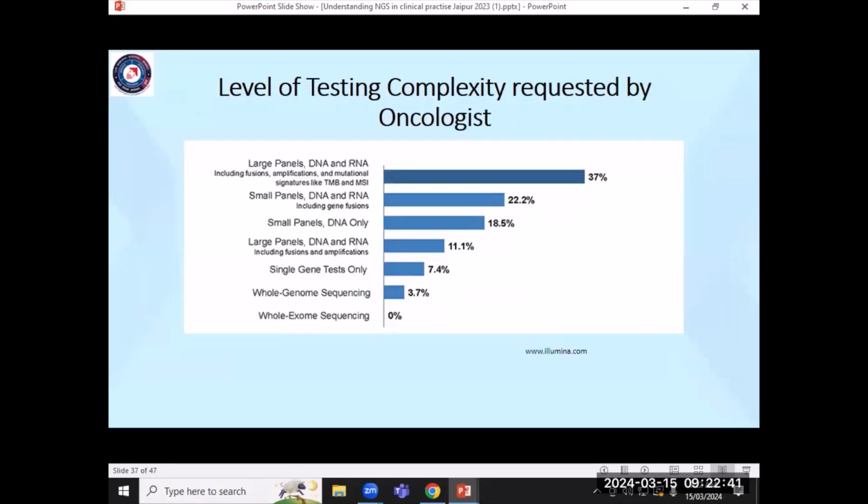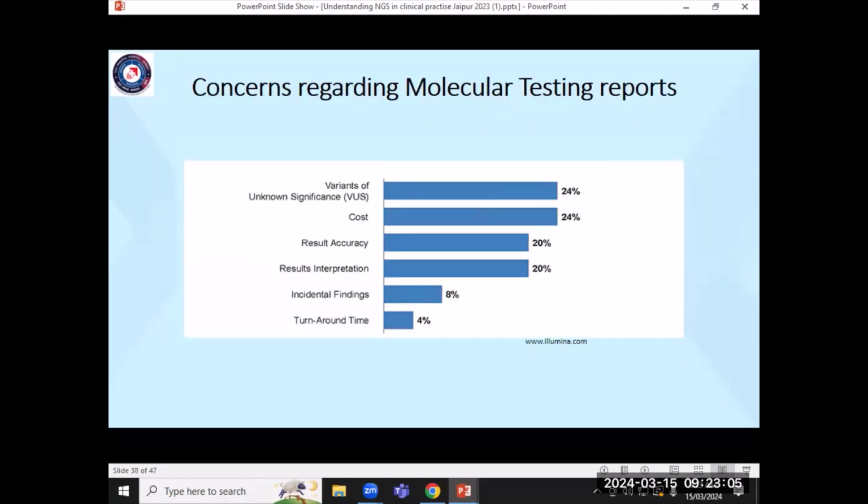This was a survey conducted among oncologists, on what they would prefer, whether large panels, DNA, RNA. This was done by Illumina just to understand the level of understanding among clinicians and what exactly they want. So 37% of the clinicians are for large panels, inclusive of DNA and RNA, and others are for small panels, and some prefer whole exome and whole genome sequencing.